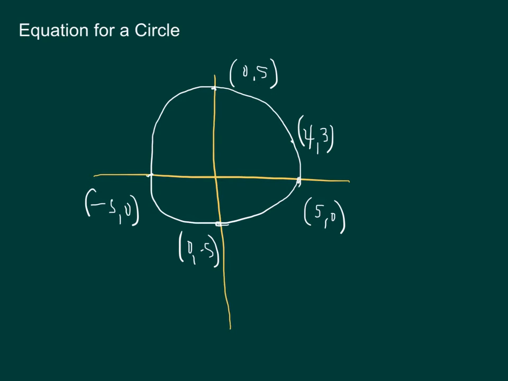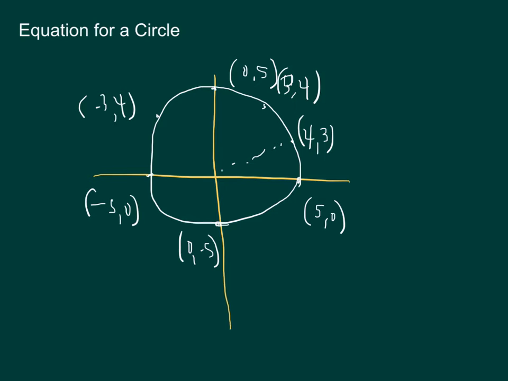Over 4, up 3, 3, 4, 5 triangle. Likewise, 3, 4 is on there. There'll be a coordinate over here at negative 3, 4, etc.